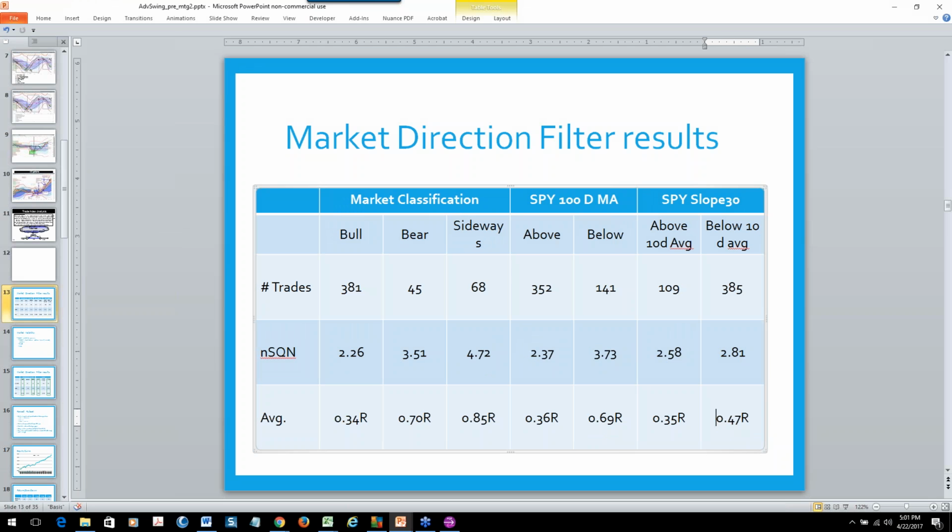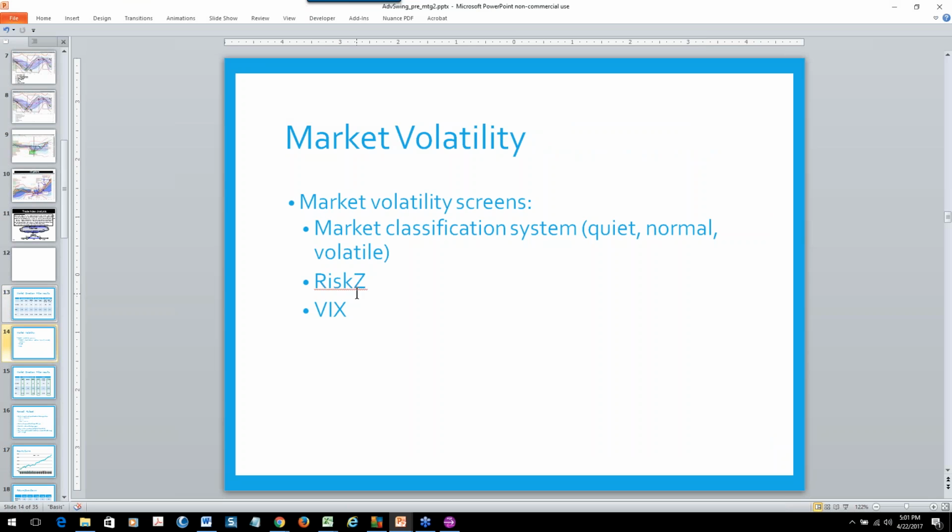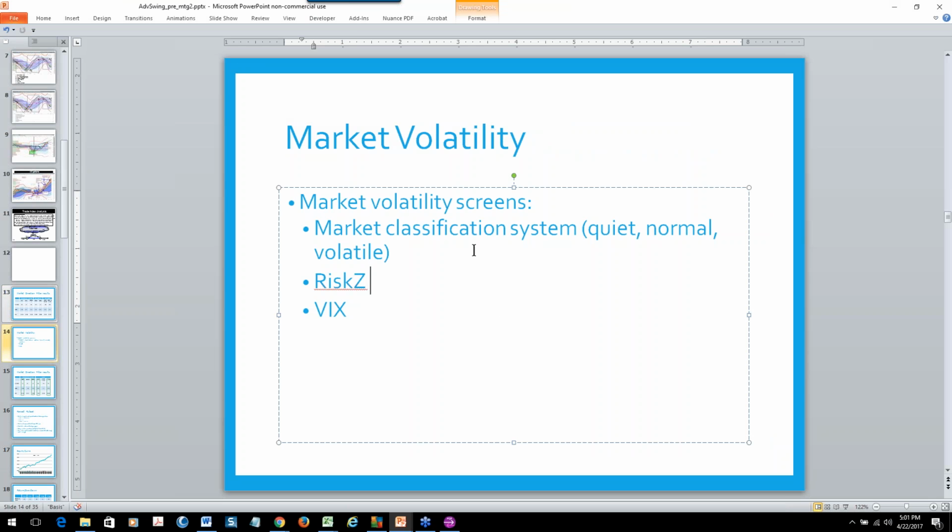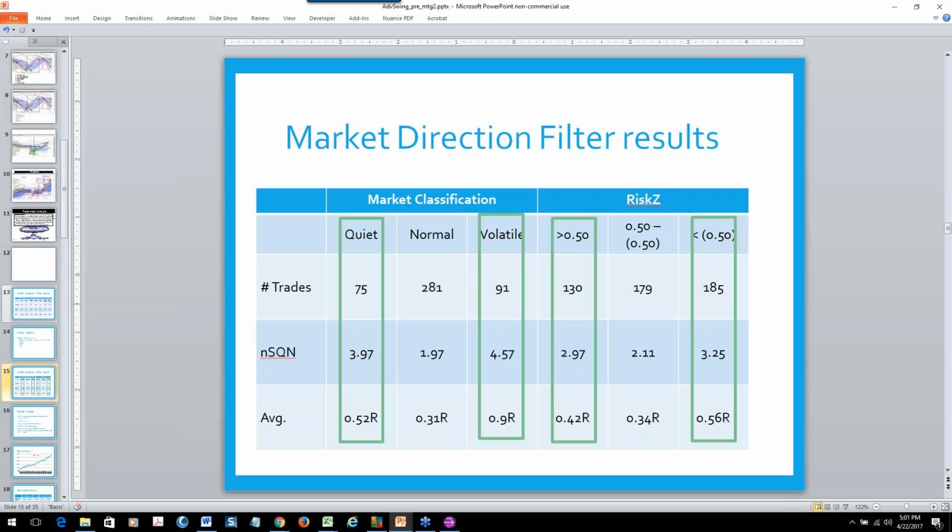And then she took a look at adding the risk Z and the market classification. What she found was that there were very significant improvements if you traded when the market was bullish quiet or bullish volatile; each of those extreme conditions jump-started the returns compared to when things were normal.